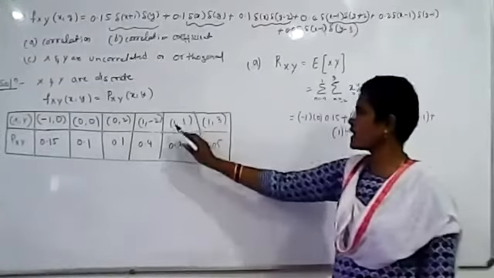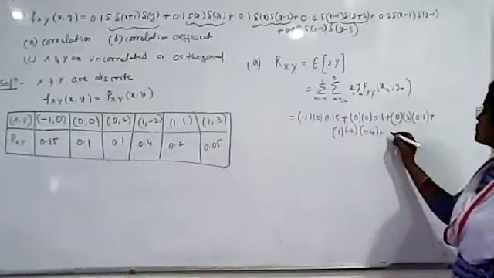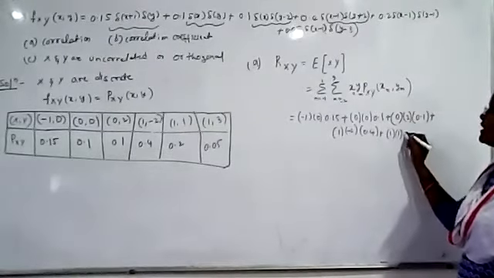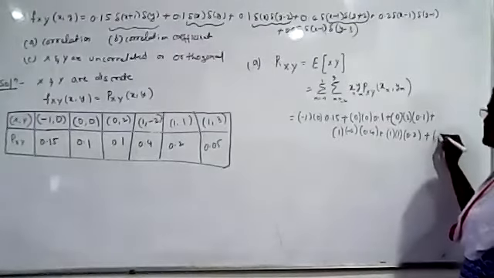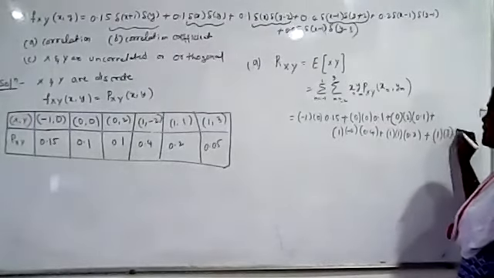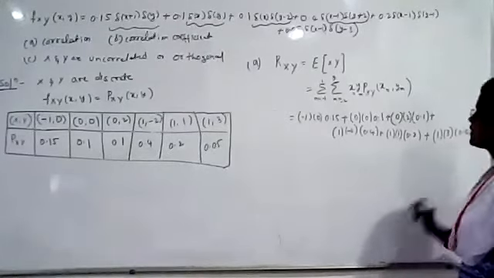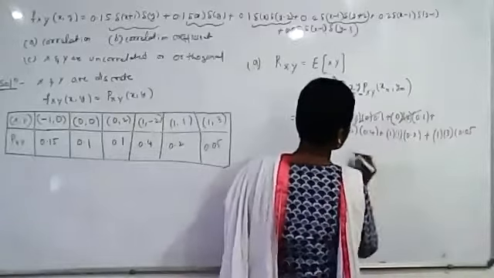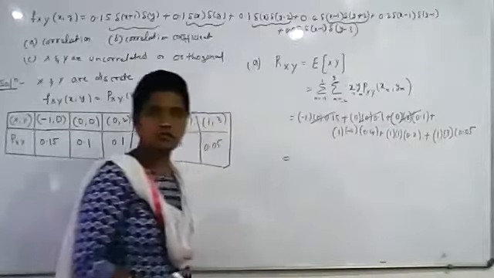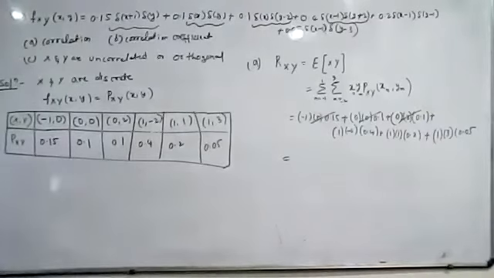And here, what is x? 1, and y is also 1, with its corresponding probability 0.2. The next one, x is 1, y is 3, and its corresponding probability. Anyway, the other terms are zeros, so we will have only these 3 terms. Multiply those 3 terms, add, and tell me the answer. What is the answer you got?